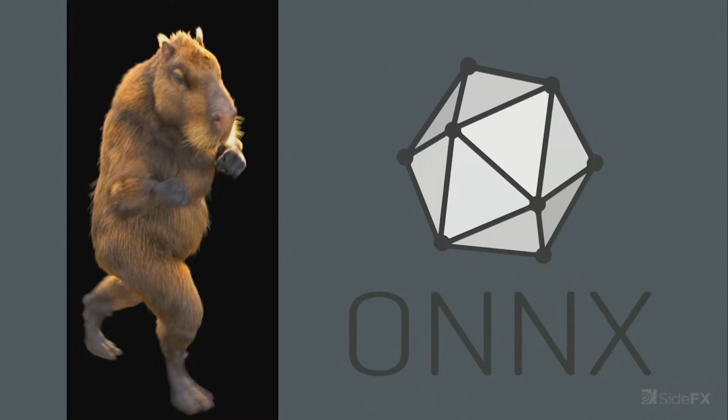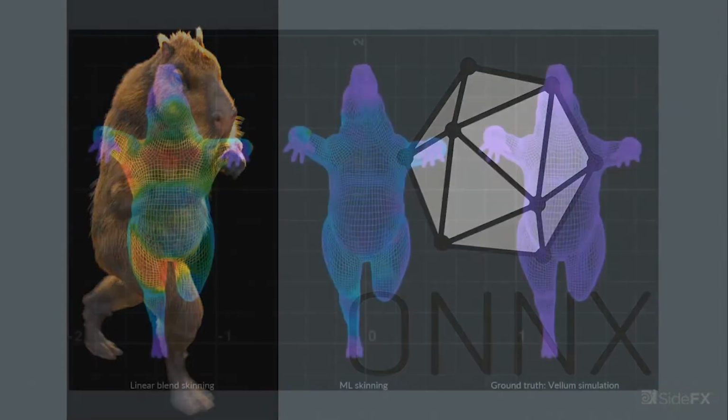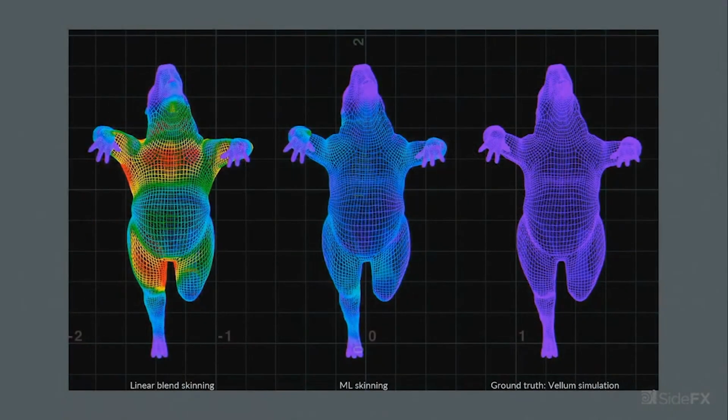Because it now ships with Houdini, it makes Houdini a platform and framework to set up machine learning systems. So in order to get machine learning to work, you need to have two sets of data.